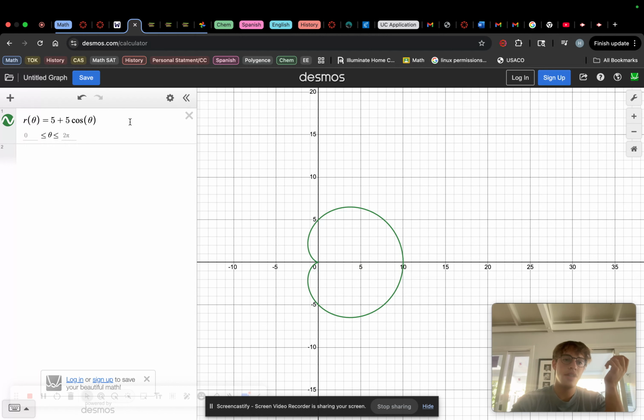That's just 5 times, and the derivative of cosine is negative sine, so 5 times negative sine theta. So dr d theta is just negative 5 sine theta.